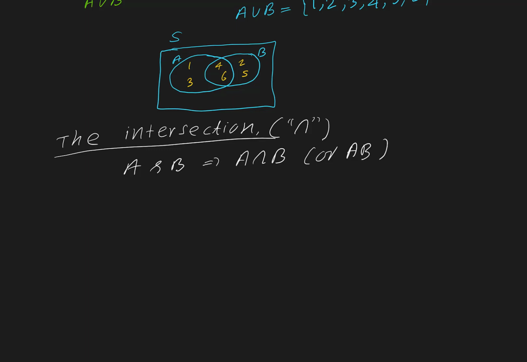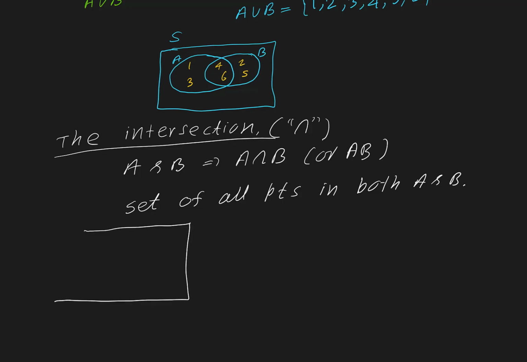It is the set of all points in both A and B. So I write down, set of all points in both A and B. Let me draw a Venn diagram for this. So this is A, this is B. The common area for both A and B is this. So this is A intersection B.